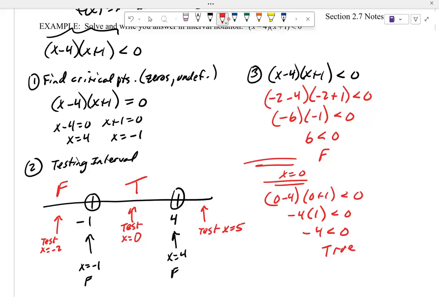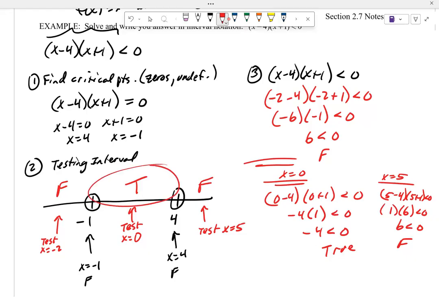And finally, I'm going to test 5, x being 5. 5 minus 4 times 5 plus 1, is that less than 0? Is 1 times 6 less than 0? Is 6 less than 0? No. False. It is not. So my answer is between -1 and 4. I'm not going to include -1.